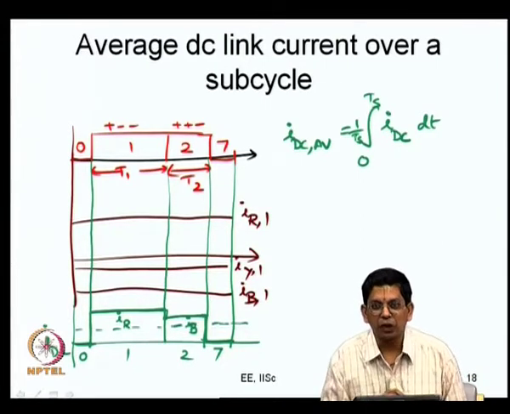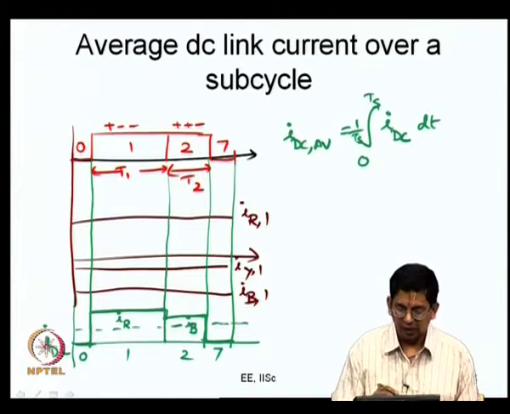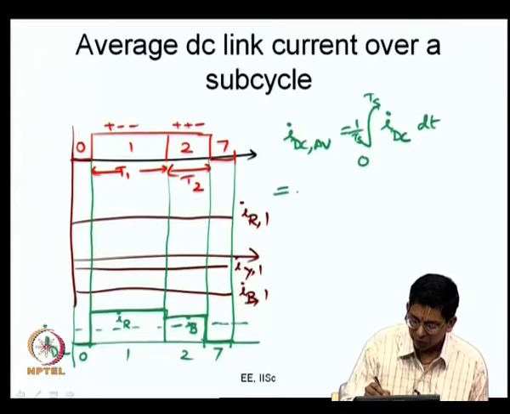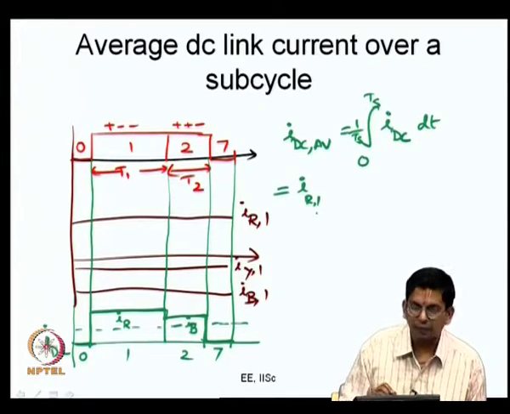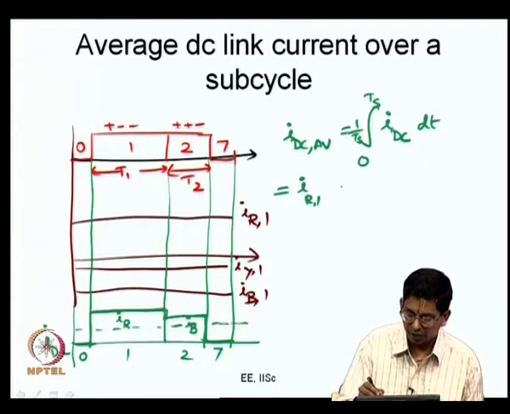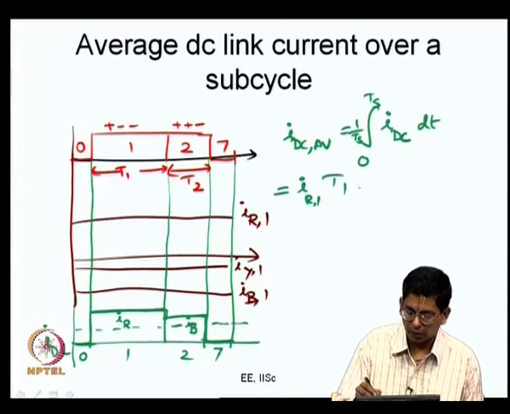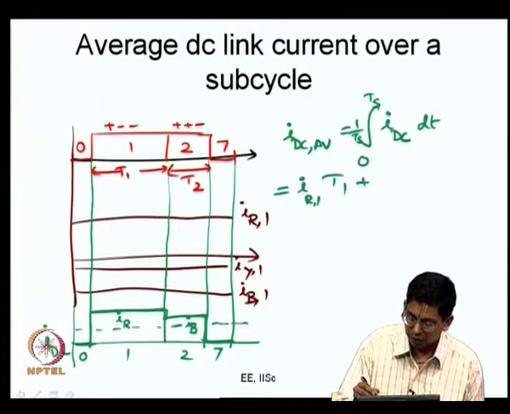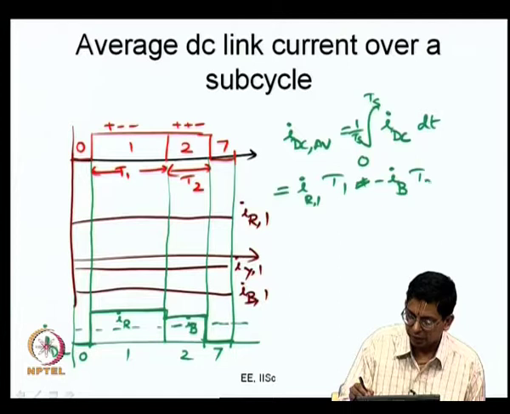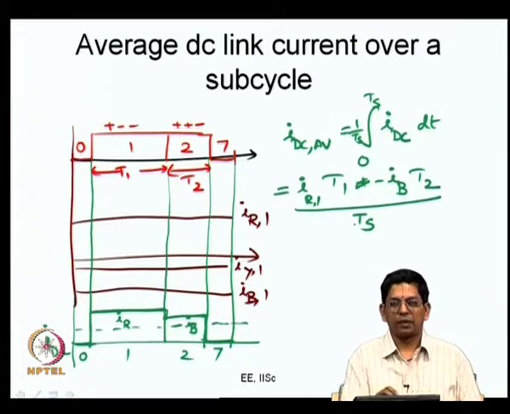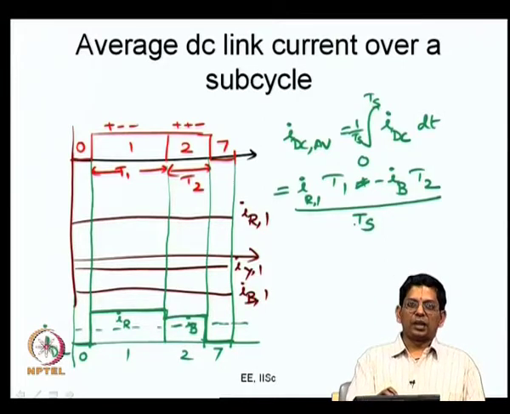It is the average value over a carrier cycle. And what is that equal to? That is equal to IR1 multiplied by T1 plus, or rather minus IB multiplied by T2, the whole divided by Ts. Now, this is the average current.